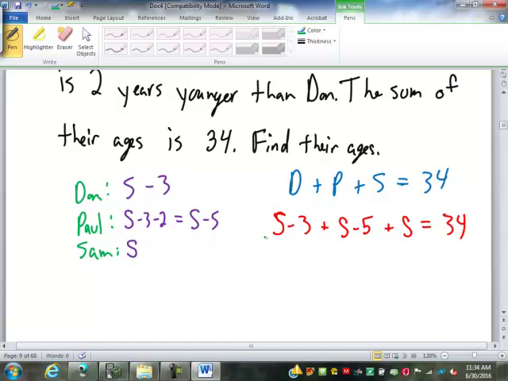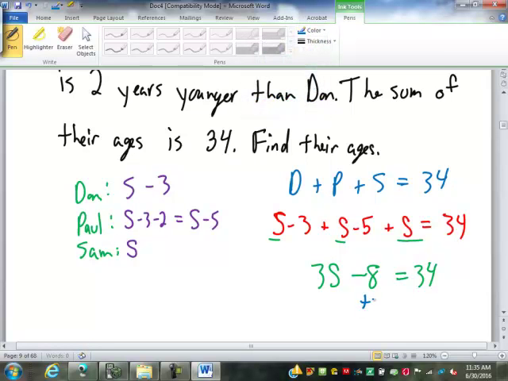So what do I have here when I combine? 3S minus 8 equals 34.